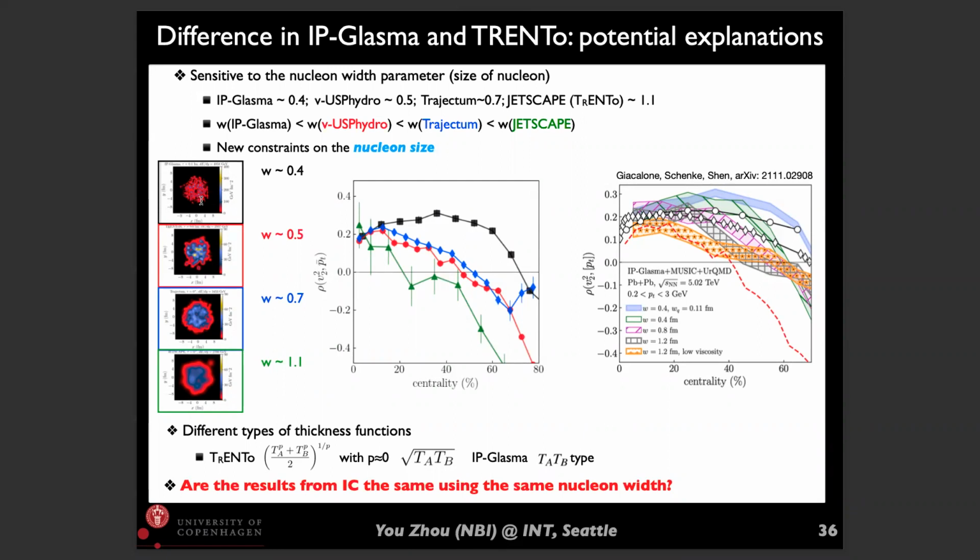Oh, this is also TRENTo. Within the same model calculations, when you change the nucleon size, there's a dramatic change in the centrality dependence. It even changes sign from positive to negative if you have a very large nucleon size. This is also confirmed with IP-Glasma final state calculations using different widths of the nucleon, and you can see a very similar conclusion.